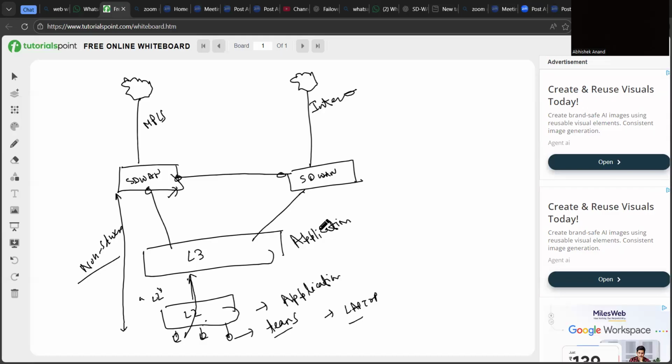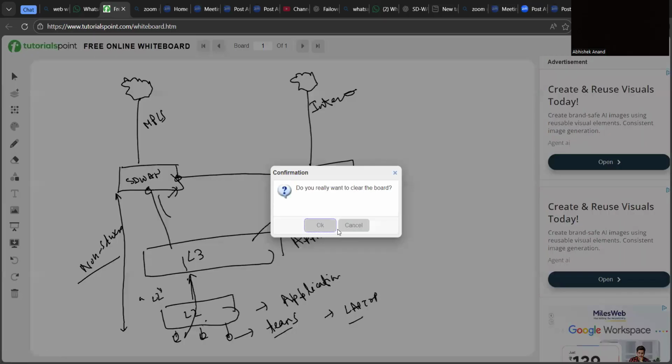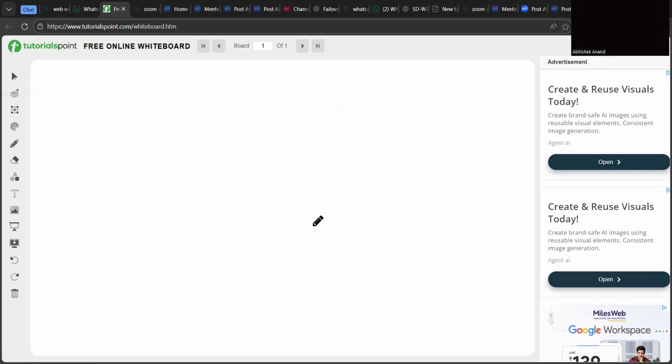No routing, only switching. Then the traffic will go to the SD-WAN router, right? So please keep this diagram in mind always throughout this discussion. So step two, step one we have already discussed. This is step two: the branch SD-WAN router. When the traffic reaches the branch SD-WAN router, the first thing it will check is the DPI.